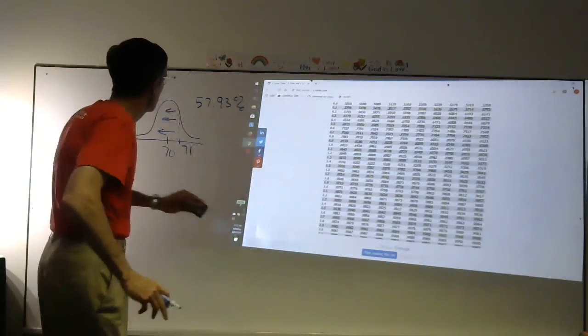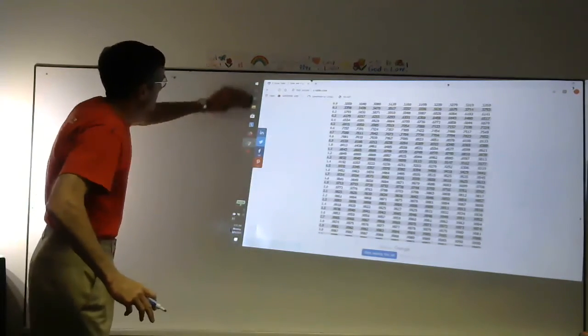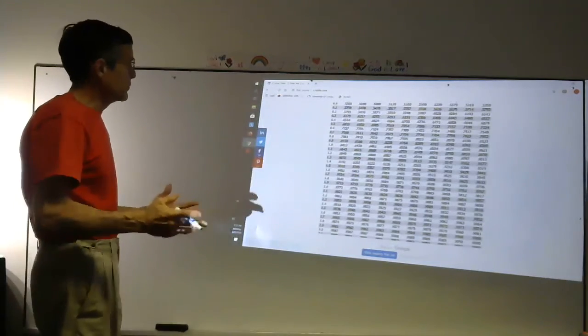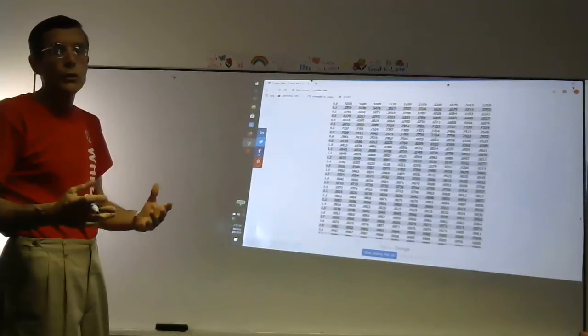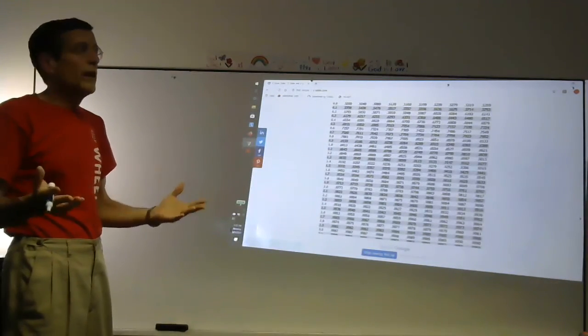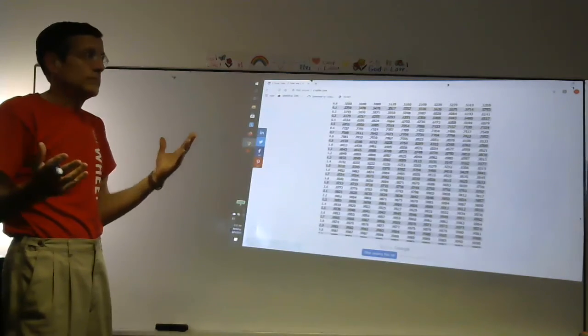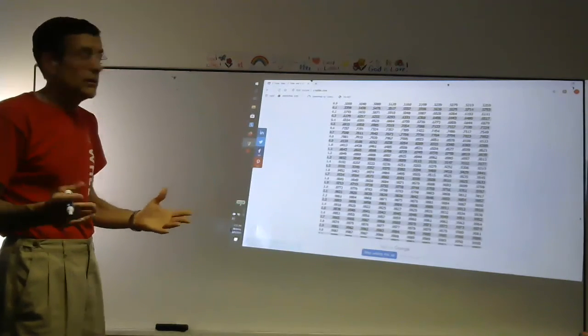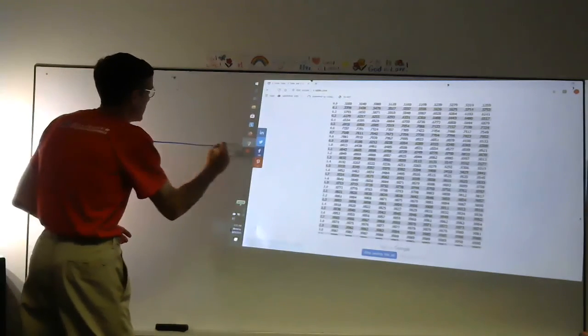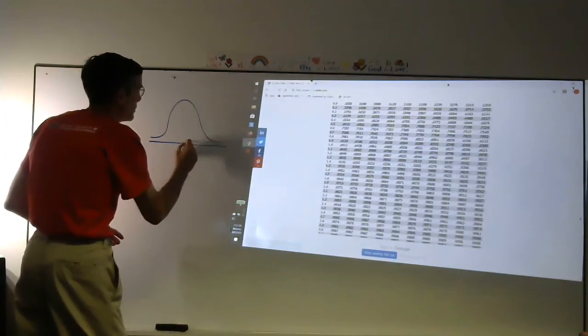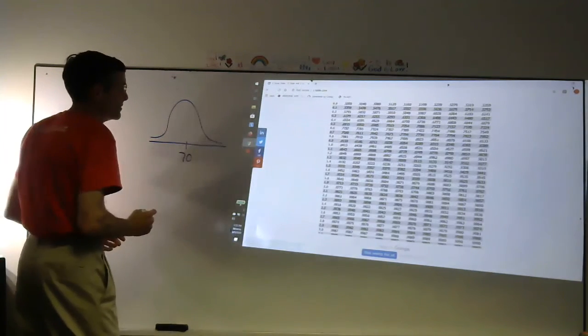How about if I said, what percentage of cars would require more than, let's say, 78 feet? Okay, let's do that. Here we are again. The average stopping distance is 70.